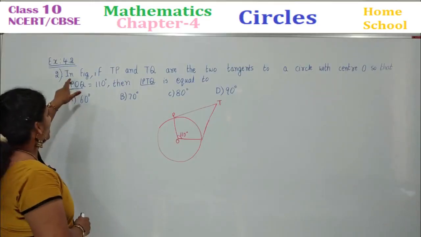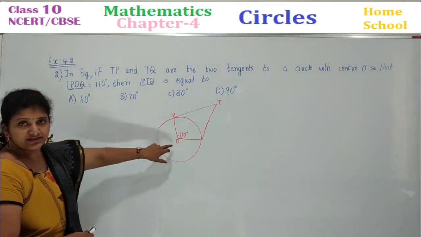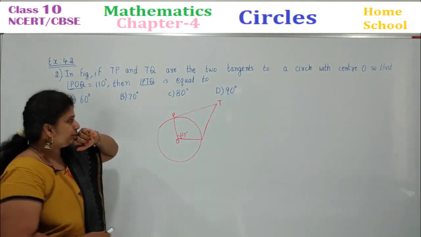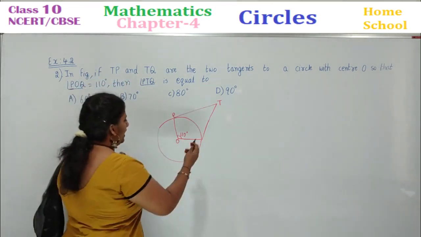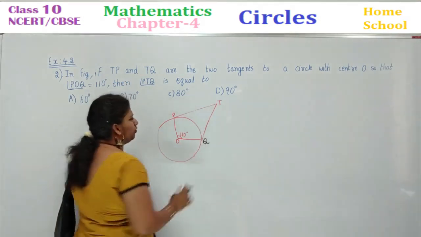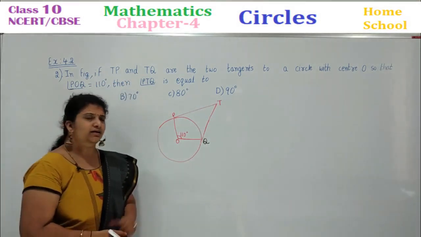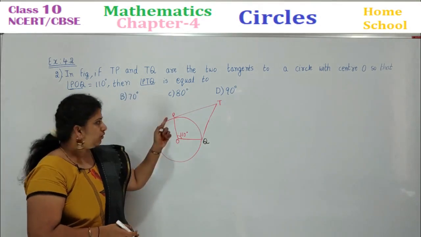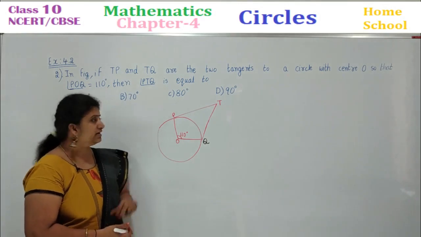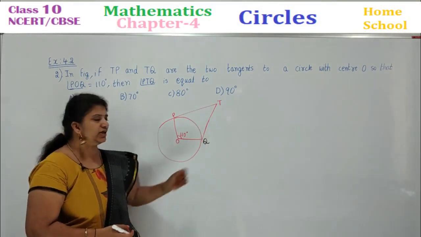Second problem. In the figure, you can see the figure here. TP and TQ. Look here, children, TP, TQ. What is T? T is an external point. What are P and Q? P and Q are the points of contact.